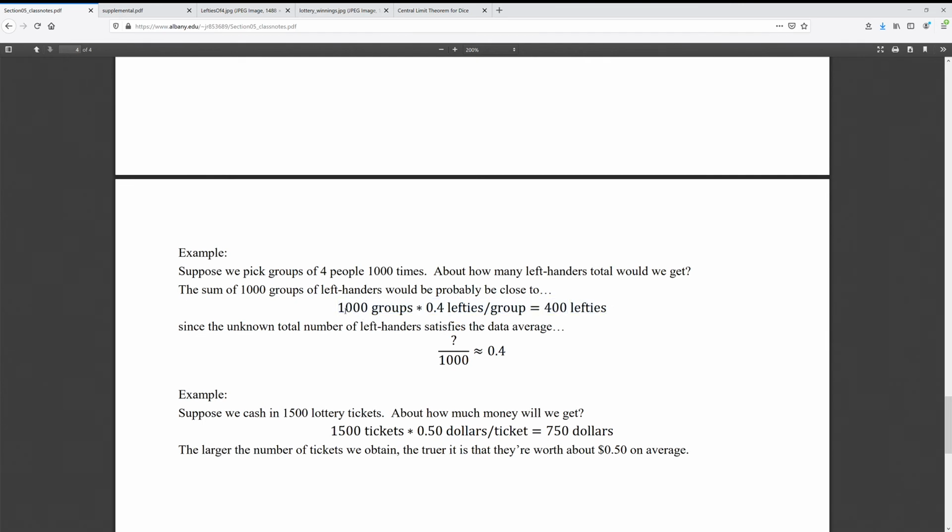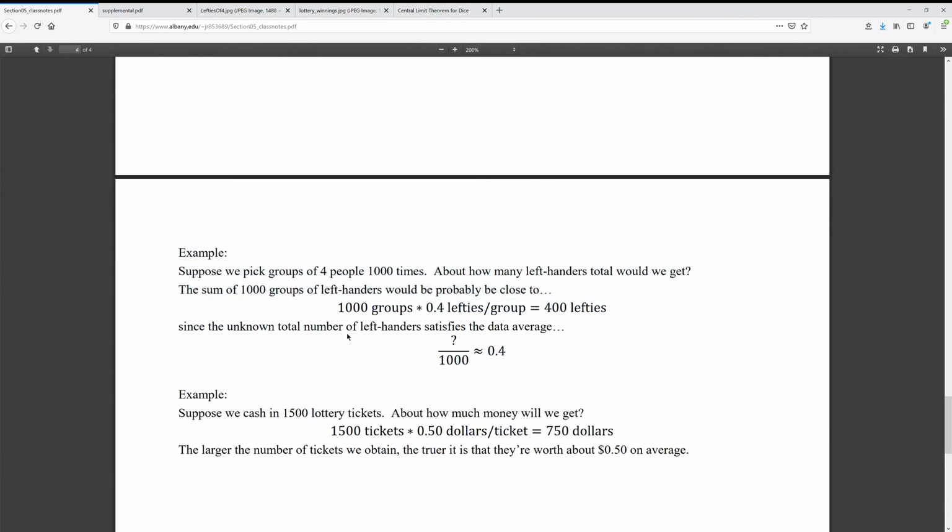So again, the larger this is, the truer this is. The more groups you've got, the more true it is that the average number of lefties is going to be 0.4 per group. So 400 lefties. All we're doing, of course, is throwing the data average into reverse. Total number of left-handed people divided by the number of groups would be the average number of lefties per group, right? So we're just throwing it into reverse, which is what I'm saying here.